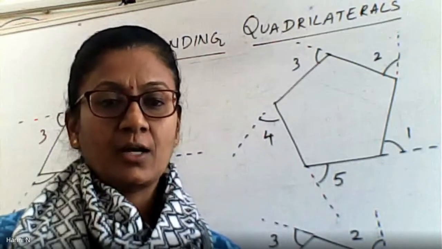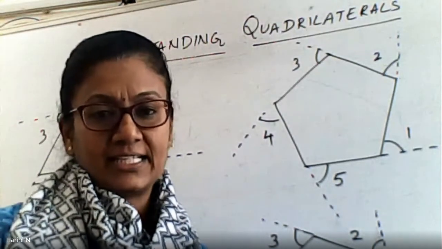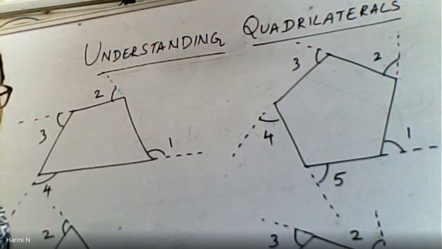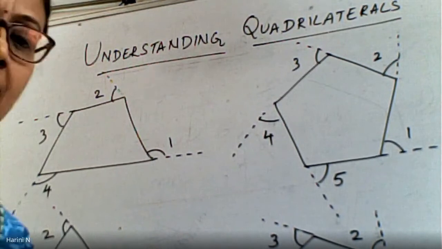Irrespective of how many sides they have, always the sum of the exterior angles will be equal to 360 degrees. Alright, so we will start from the triangle.